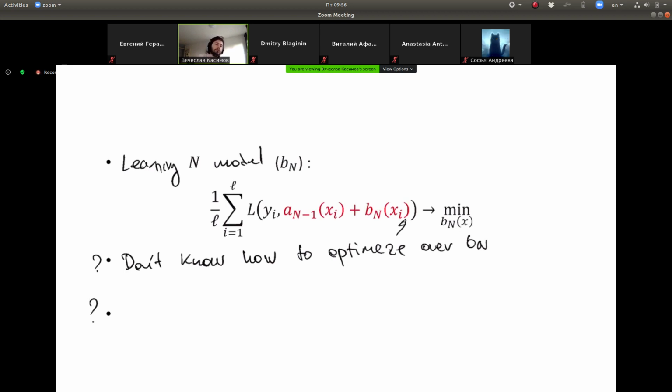Of course, for a particular model, we could somehow converge to an idea of how to solve this task.